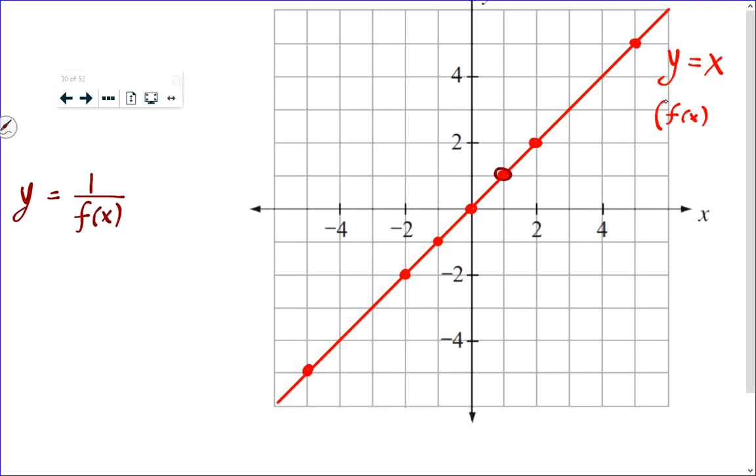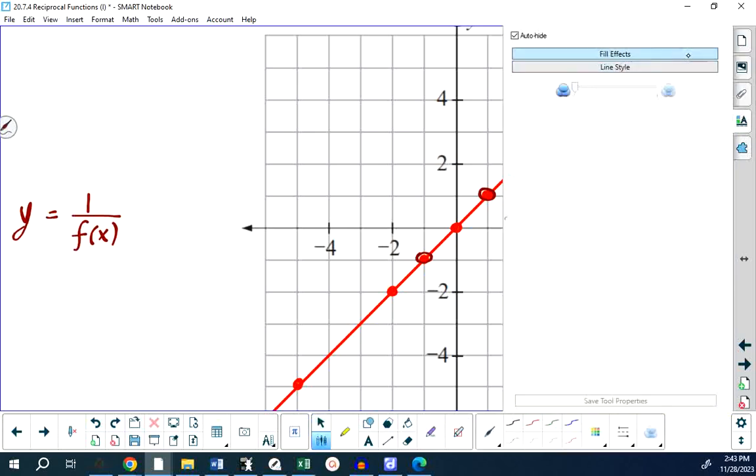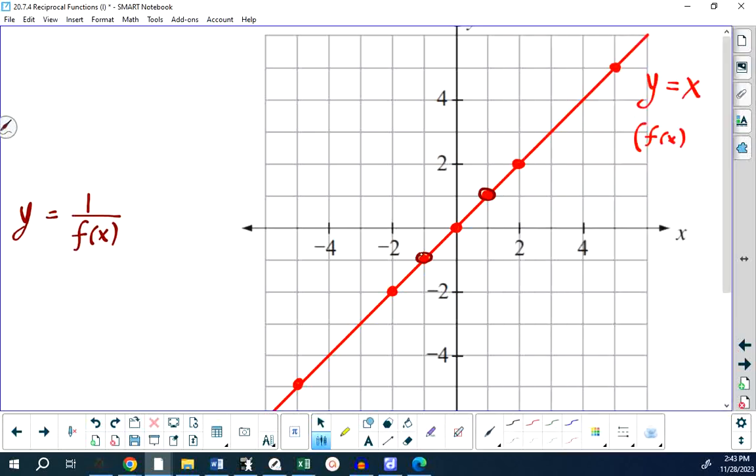I'm going to draw them not as solid dots because I want you to understand that it's still a red dot underneath there. Or, if you like, you're going to have to communicate this to yourself however you see fit. I'll just make it kind of semi-transparent.